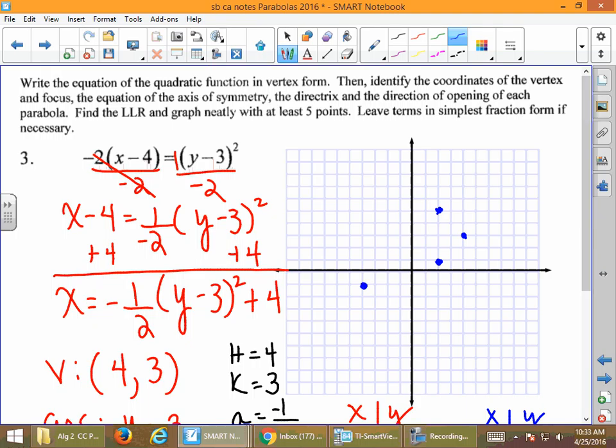And let's put in the axis of symmetry, which goes right through the vertex. And what we can see once again is that this point 2, 1 is 2 spaces away from the axis of symmetry. And our corresponding point on the other side of the axis of symmetry is 2 spaces away.